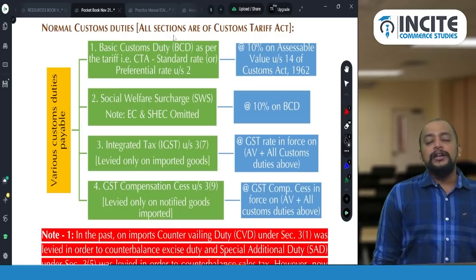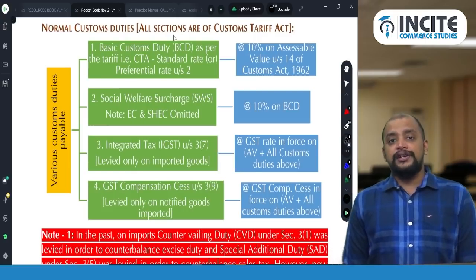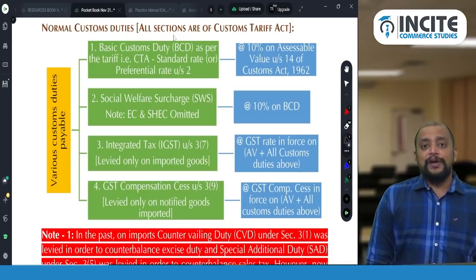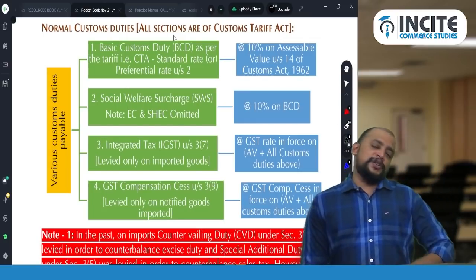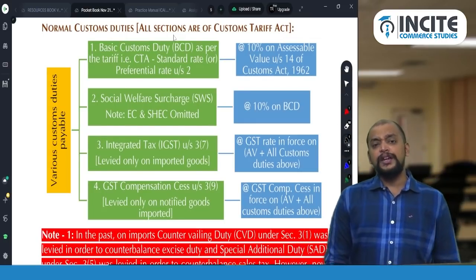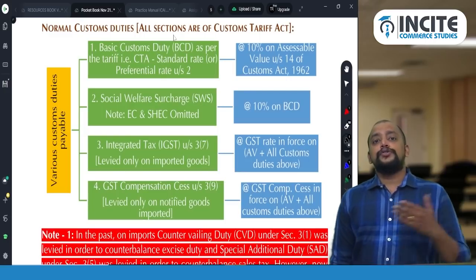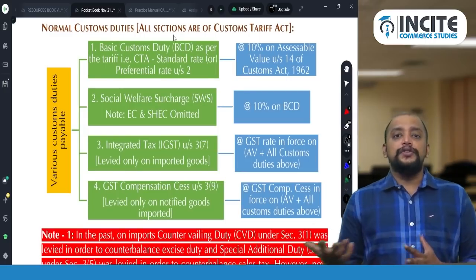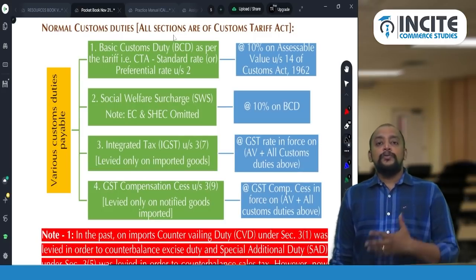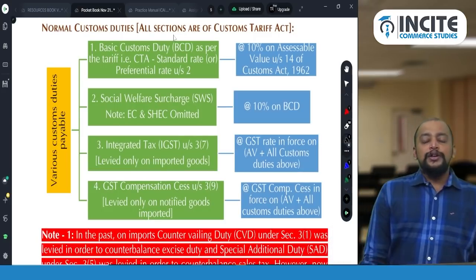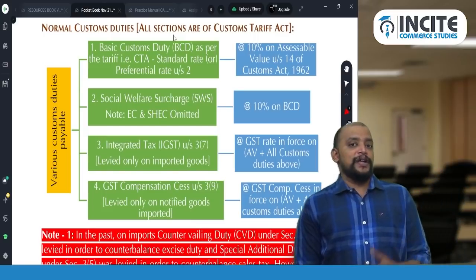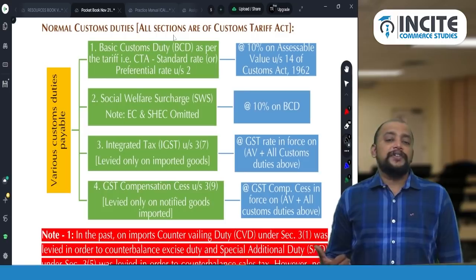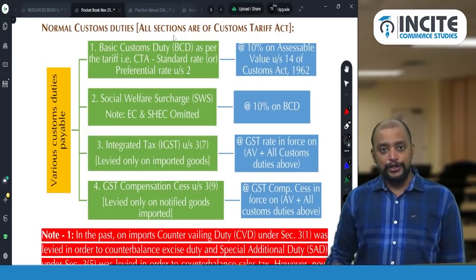But recently, the government has given some notices to many exporters and importers, asking them to pay social welfare surcharge, because the basic customs duty is only exempted on the product, so social welfare surcharge is payable. Because of this, there are diverse views. But for your exam, remember, when basic customs duty is not payable, social welfare surcharge is also not payable, because the social welfare surcharge is computed at the rate of 10% on the basic customs duty, due to that reason.